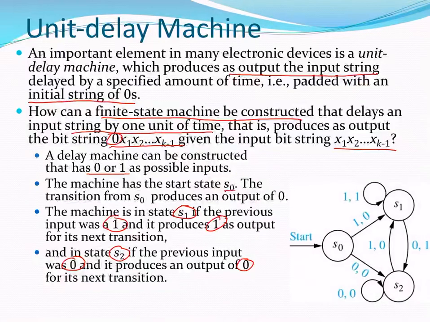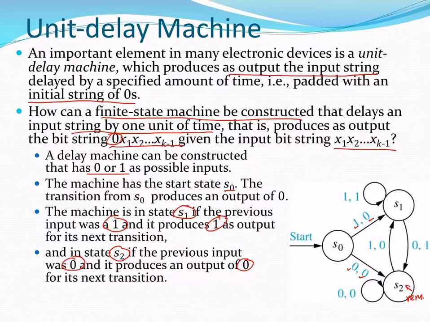And here's the state diagram version of this. My starting state, if a 1 comes in, a 0 comes out. If a 0 comes in, a 0 also comes out. And if a 0 comes in, I go to state 2, which remembers a 0 had come in.